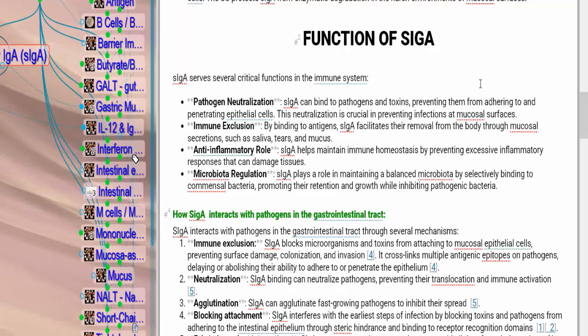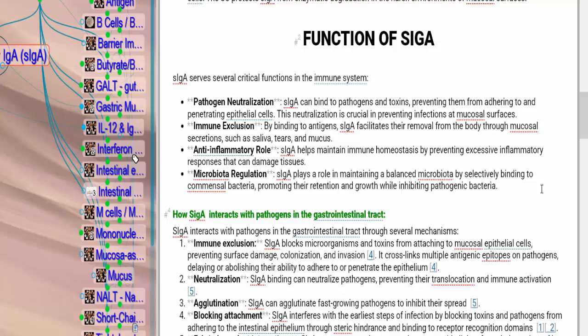It has an anti-inflammatory role too, so it helps maintain homeostasis by preventing excessive inflammatory responses that could damage tissues. And it helps to regulate our microbiome.